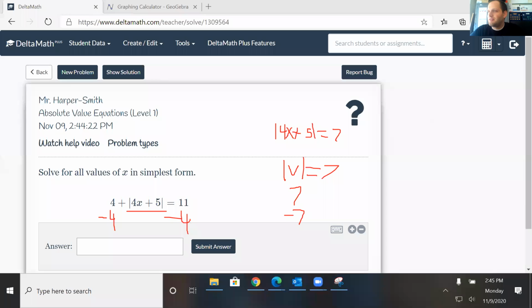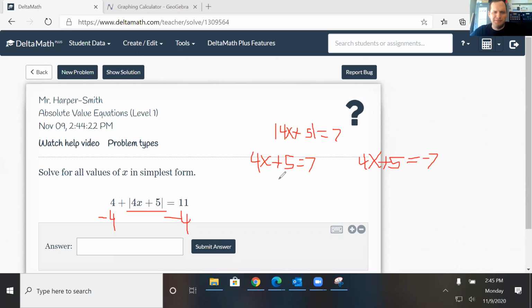So the inside could be 7, so 4x plus 5 equals 7. Or the inside could be negative 7. In that case, 4x plus 5 equals negative 7.